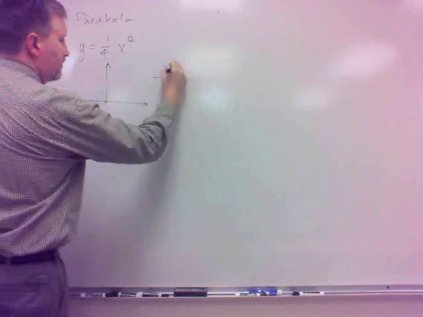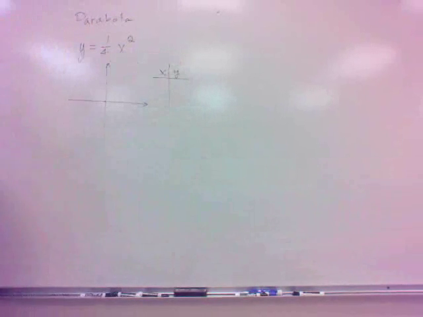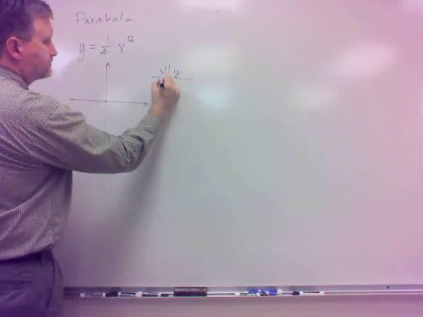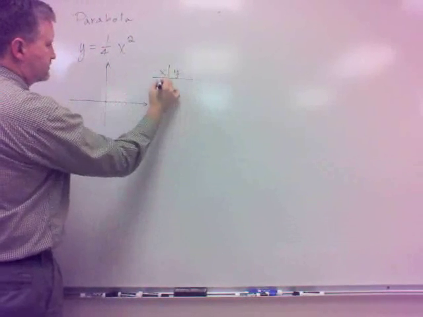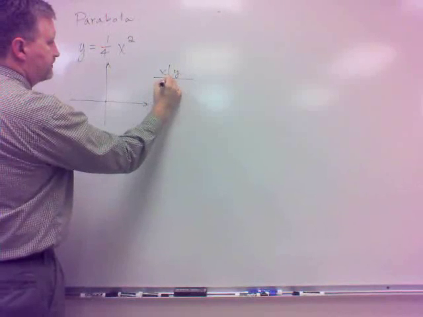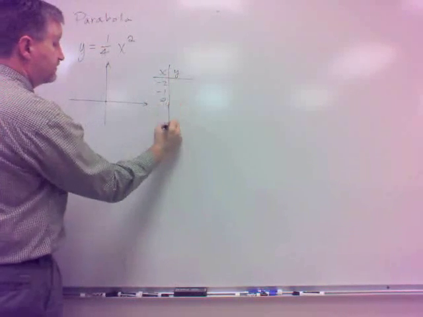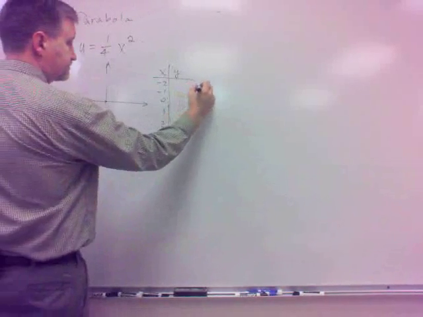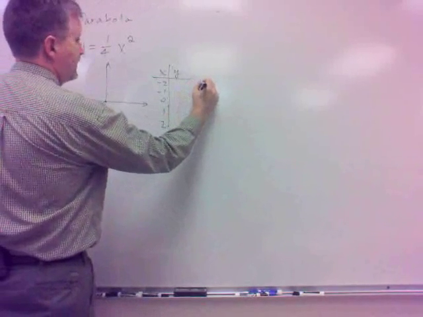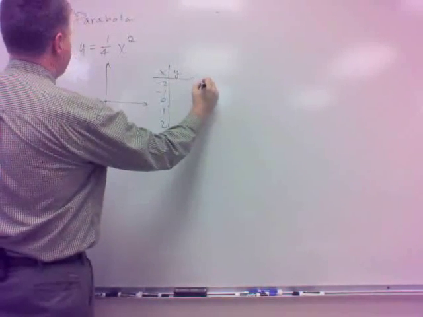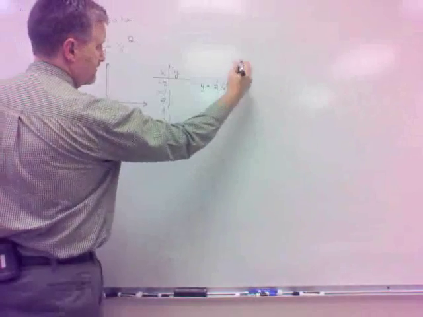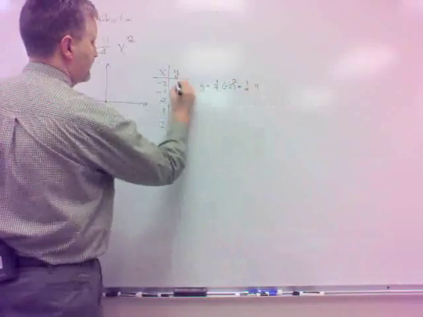If you want some other points, like I said, this is the one conic section where we'll use a little bit of a table. You can use them on others, but yeah, here we've got x. You can use 1, -1, or -2, -1, to 2, that sort of thing. Those are always good points there. Without any shift anyway, so that would give me what? Y equals 1/4 and -2 squared. So that's going to be 1/4 times 4, that's 1.